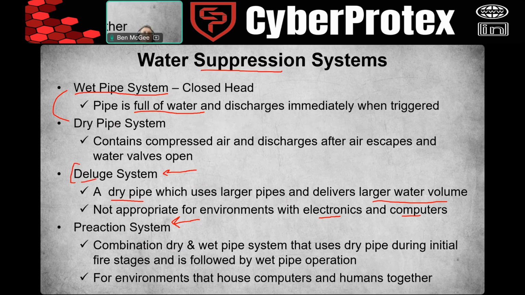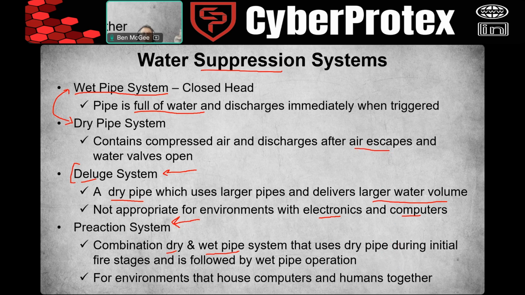The pre-action is where we take, what did Van Halen say, the best of both worlds here, the dry and the wet pipes. And we have the dry pipe that would basically have no air or compressed air.